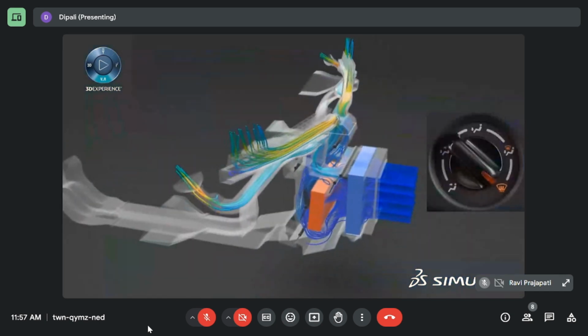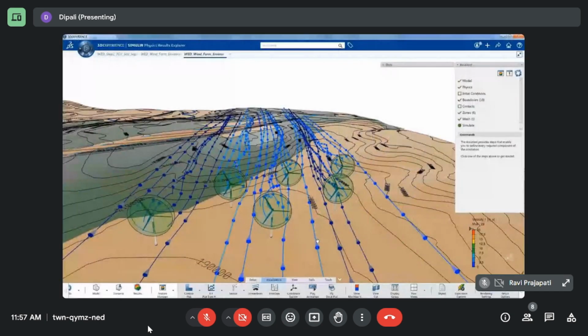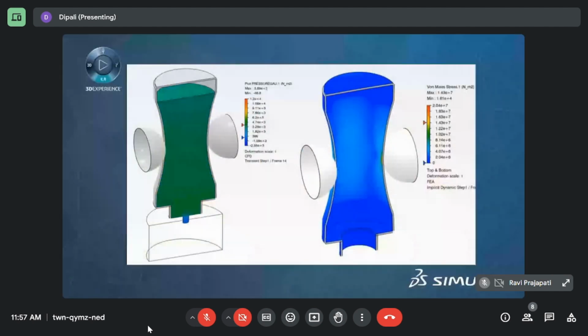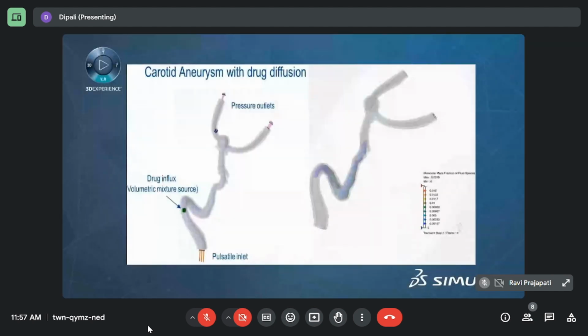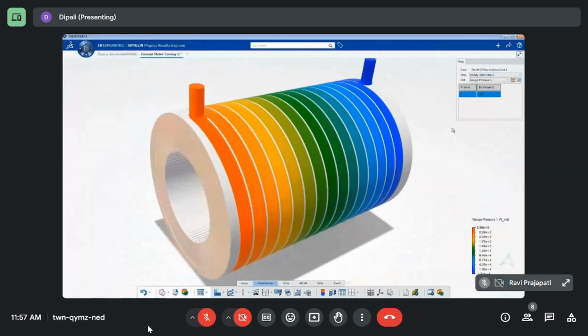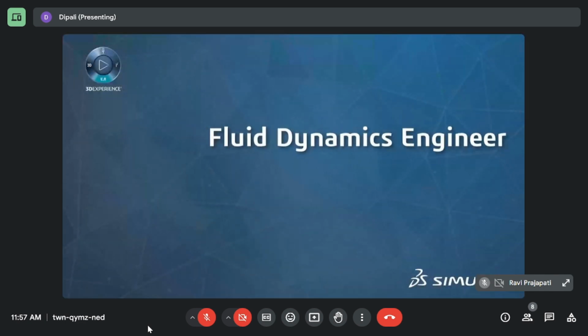Whether you're designing an automotive cooling system or assessing a wind farm location for urban planning, performing fluid flow and heat transfer simulations leads to better quality designs, reduced development time and cost, and the avoidance of manufacturing issues. SIMULIA's fluid dynamics engineer role was created with these goals in mind.